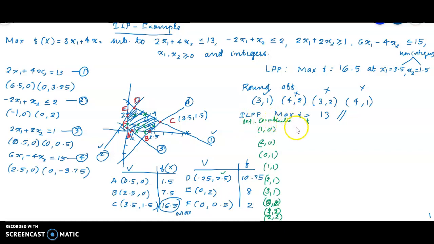You form this table of integral coordinates of the feasible region. Then you have to evaluate the value of the function. 3x1: here it is 3, here it is 6.